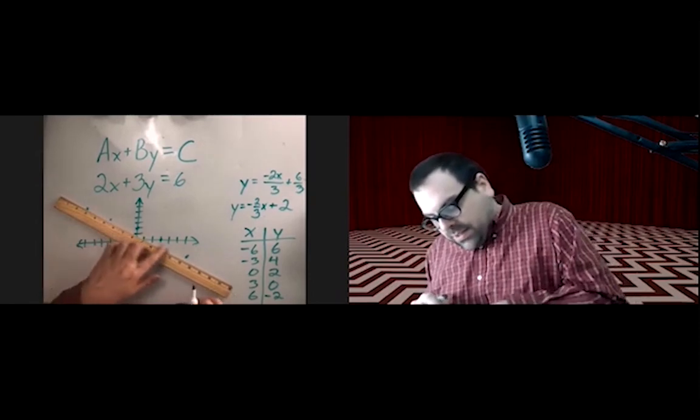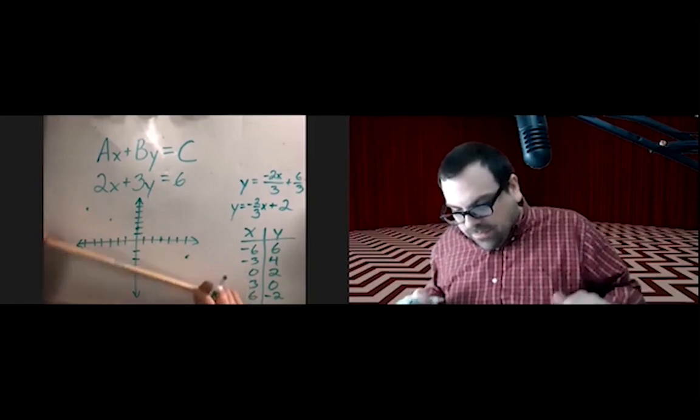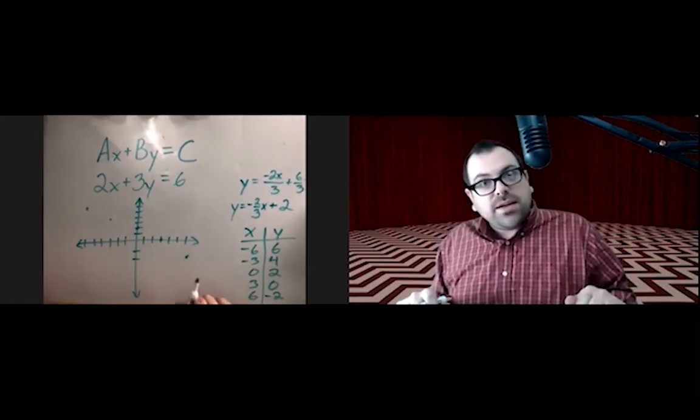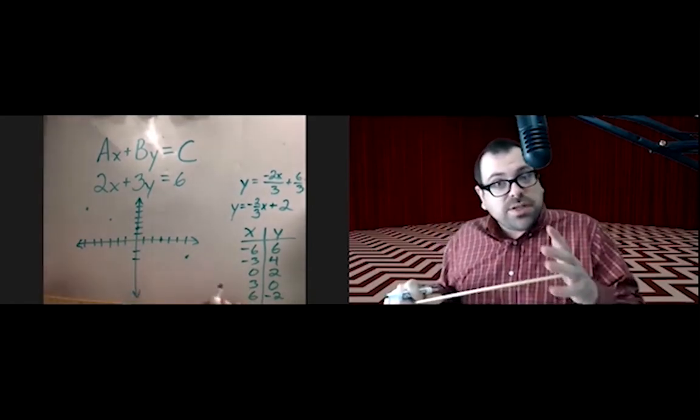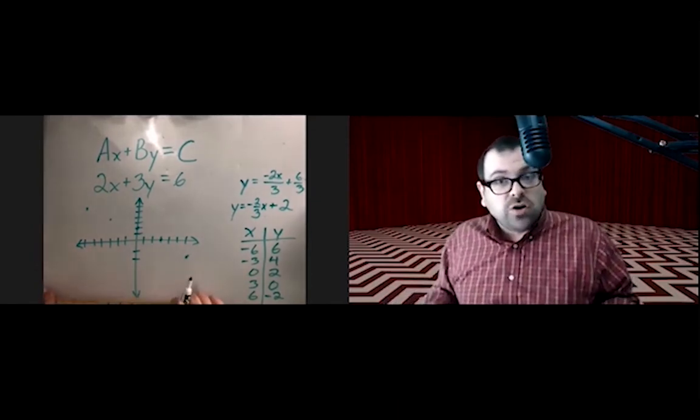These points don't exactly line up, but it's not because they don't fall on the same line. If you were using graph paper, you would see these perfectly fall in a line.